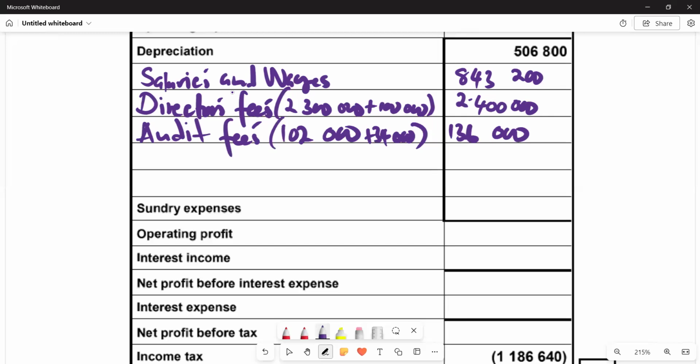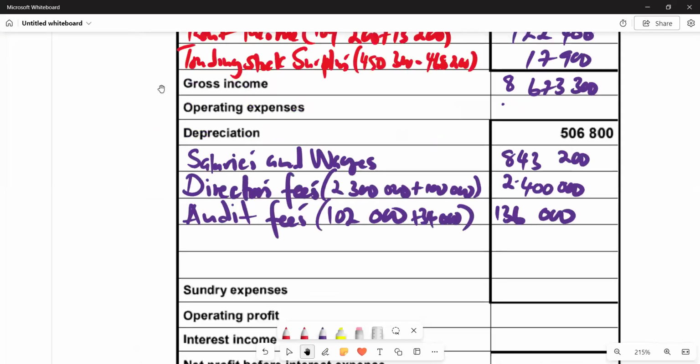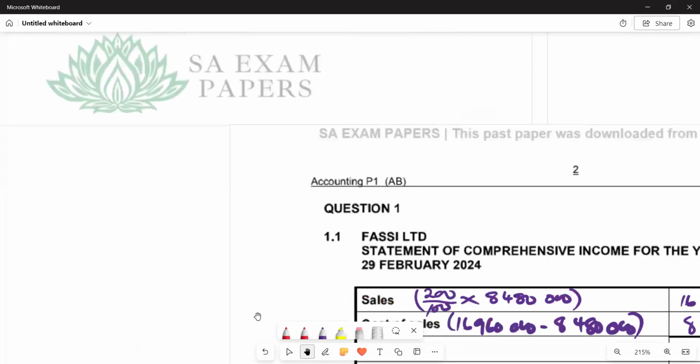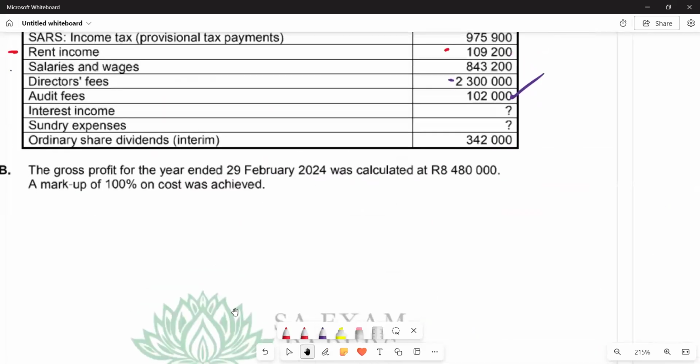Having that now, we can try to see other expenses that we are given in the question. So after audit fees, we've got sundry expenses, which we are given as a question mark here. When given as a question mark, obviously it's going to be a balancing figure.